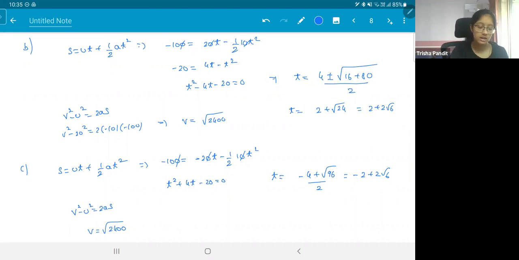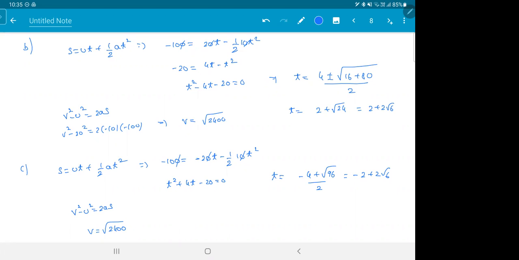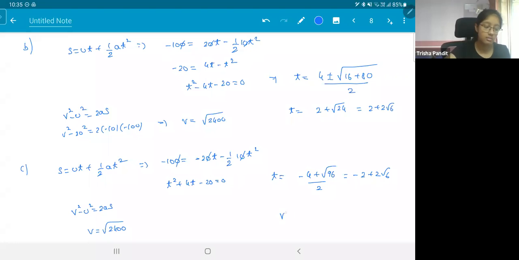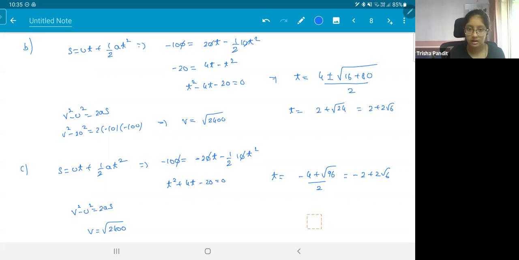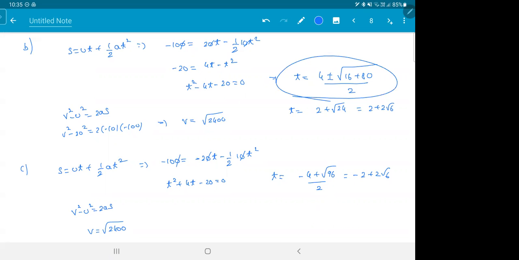For the time of B and C, we can use u plus square root of u square plus 2gh, upon g. When you take quadratic roots, you get that only.